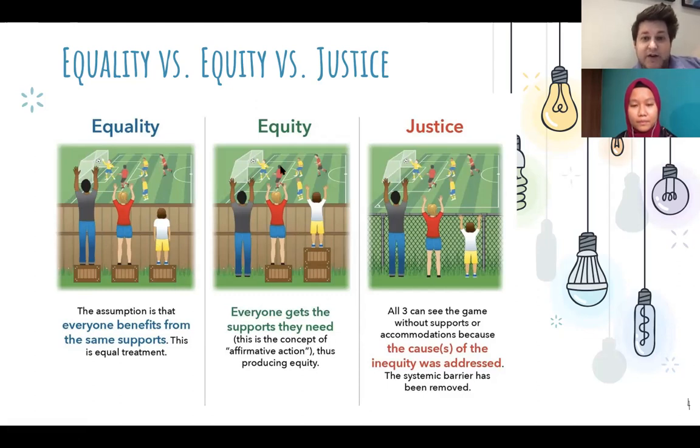Then you have the idea of equity, where you give support to those who need it and you give as much support as possible to those who need it, which in theory wouldn't be a bad thing. But then you have one person here on the left who is naturally able to see the game over the barrier.